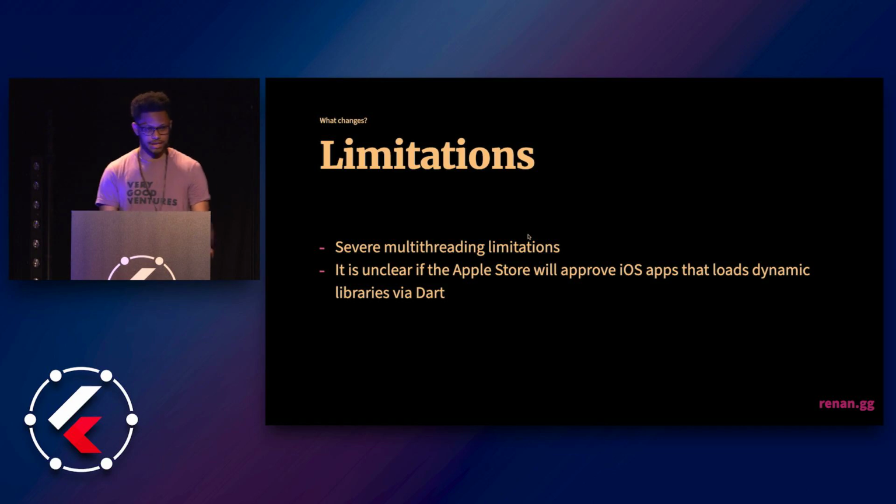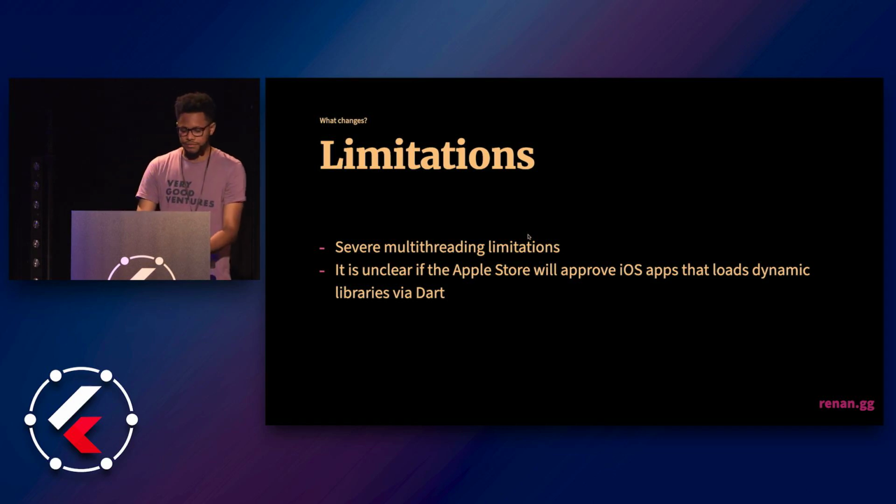You can use DynamicLibrary.process because some frameworks are packed directly into the IPA, so those things are available already at build time. So you don't need to call open, but still, it's not clear how Apple will deal with that either.